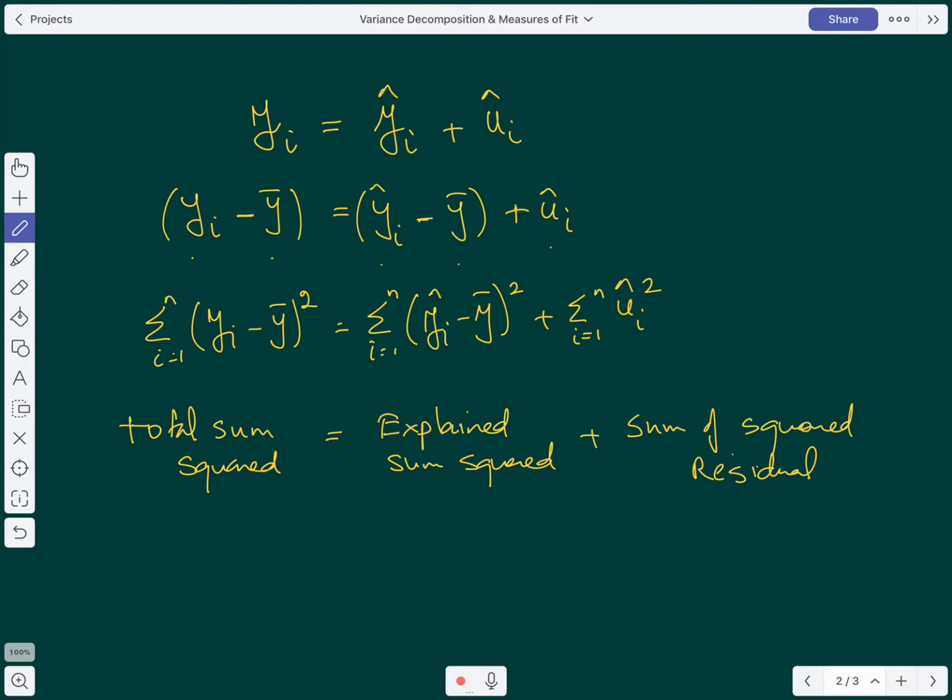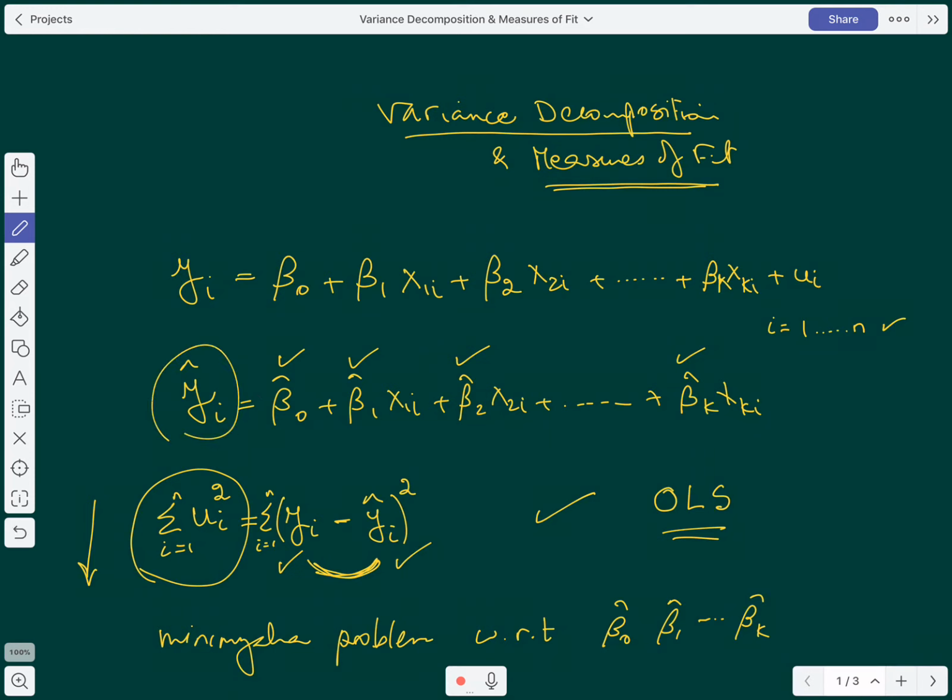We call this one explained because I can explain it by the components of yi hat. If you open yi hat, you get what we have here, right? Yi hat is explained because I can estimate these parameters, multiply them times the x's and get a certain value for yi hat. So it is the explanation part.